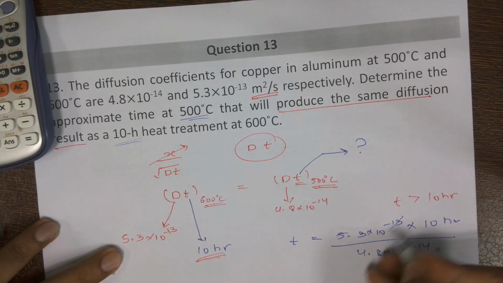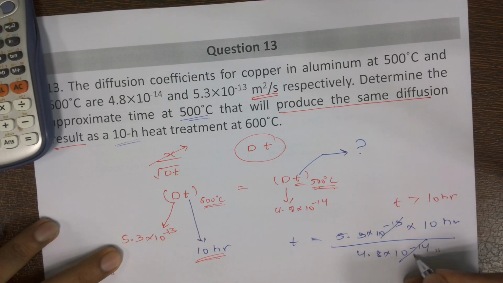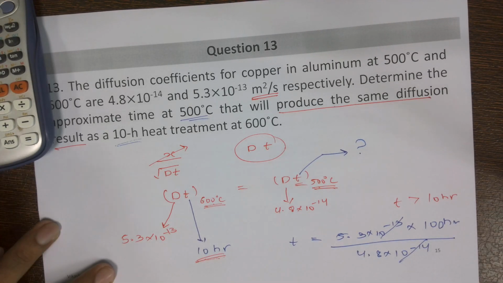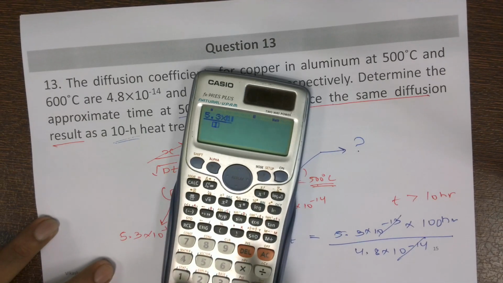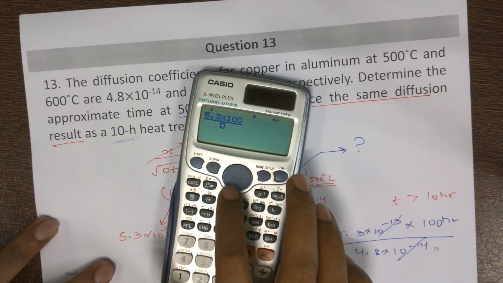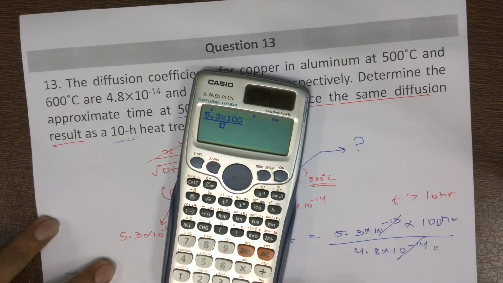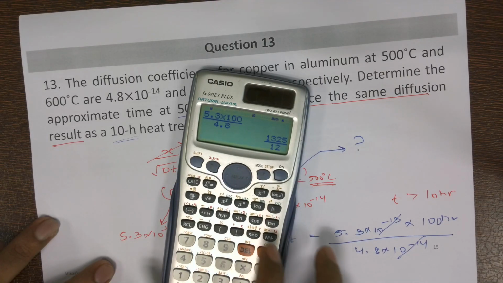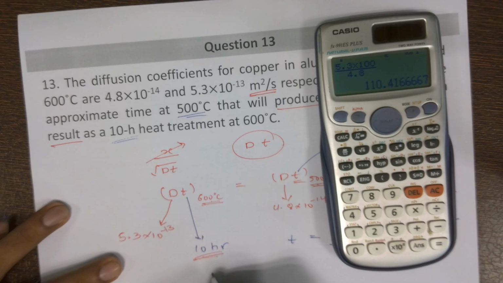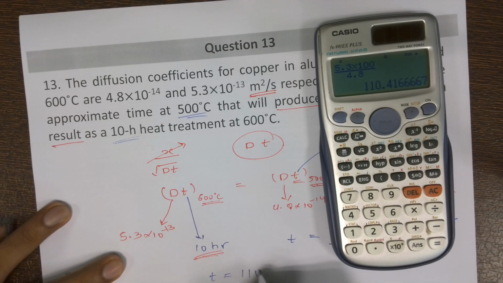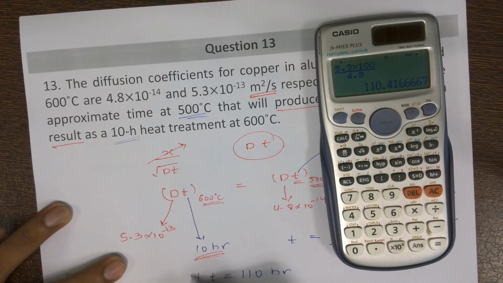What we can do is we can cancel them and add an extra 0 over here: 5.3 multiplied by 100 divided by 4.8. So we can see how much time is required. Time required is approximately 110 hours.